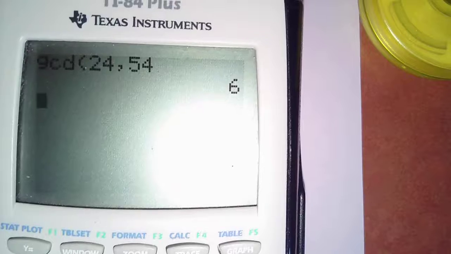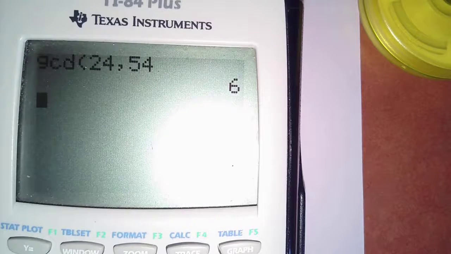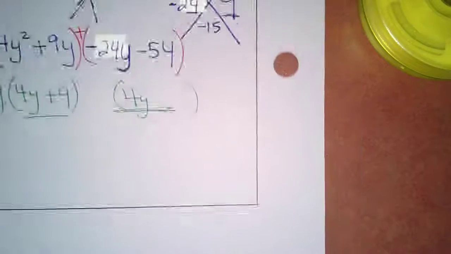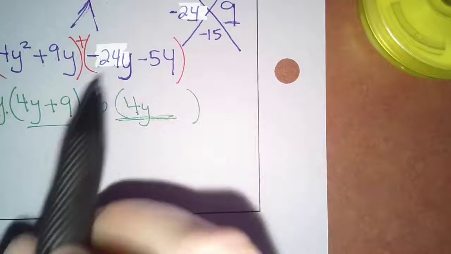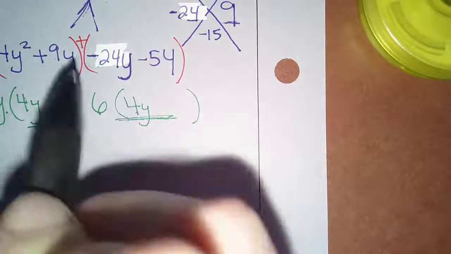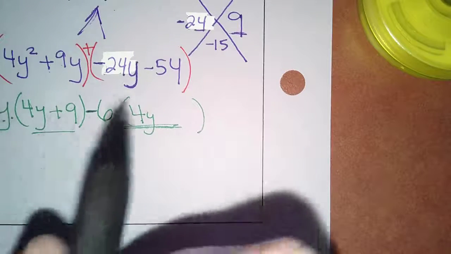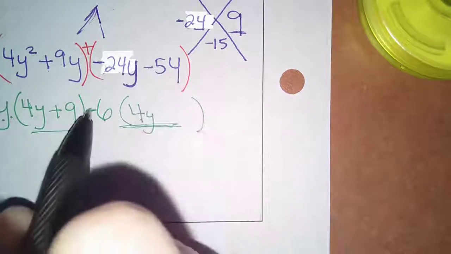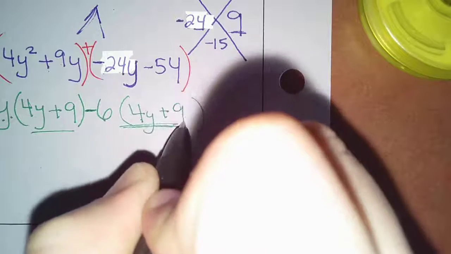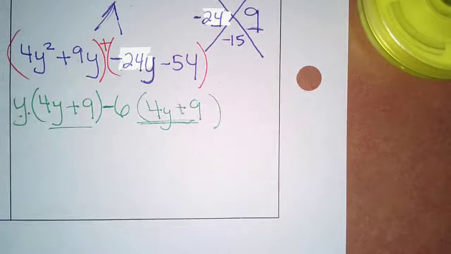Enter. So their GCF or GCD is 6. Because I need it to flip signs from negative to positive, I should be dividing by negative 6. And now let's check this. Negative 54 divided by negative 6, positive 9. So now they do match.